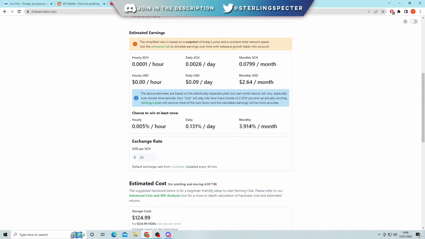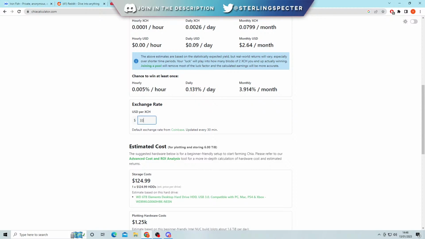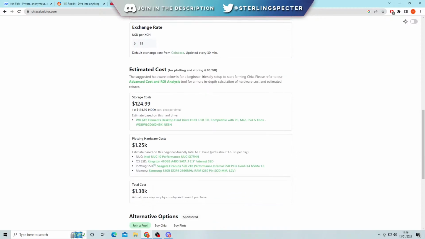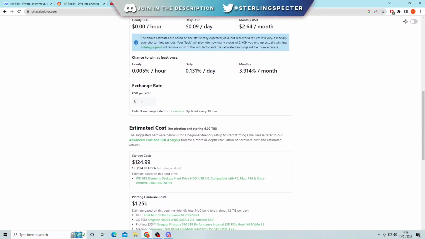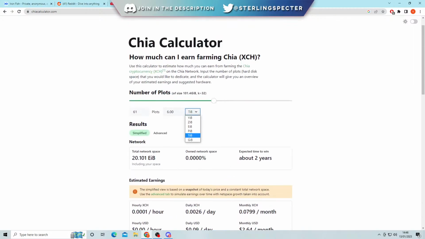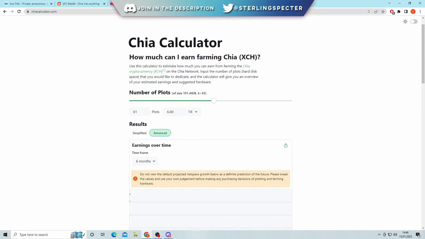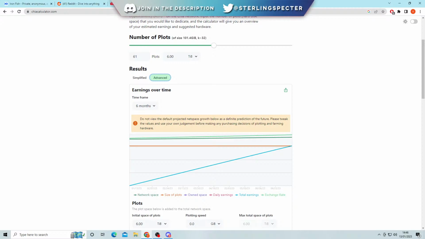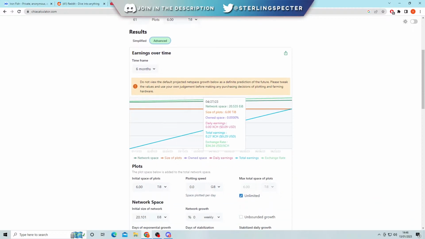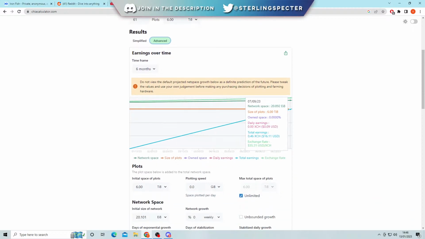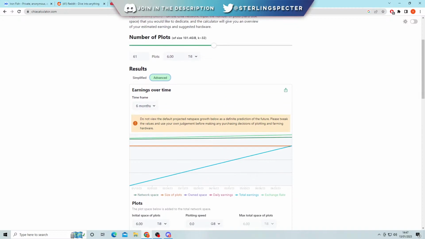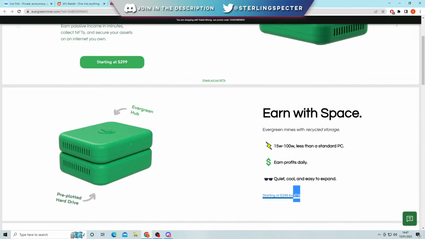So we'll see about that. And the exchange rate is $33 per coin. So unless I got the calculations wrong and this isn't terabytes. No, it is terabytes. Earnings over a time frame, network space, size of plots. Yeah, so you see you're not really going to get much from buying one of these Evergreen miners.